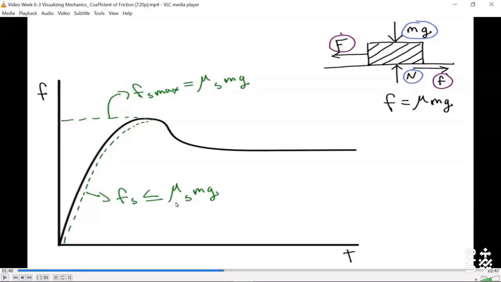Please note here, mu s is the static friction coefficient. Static friction coefficient can only let me know the maximum available static friction force.